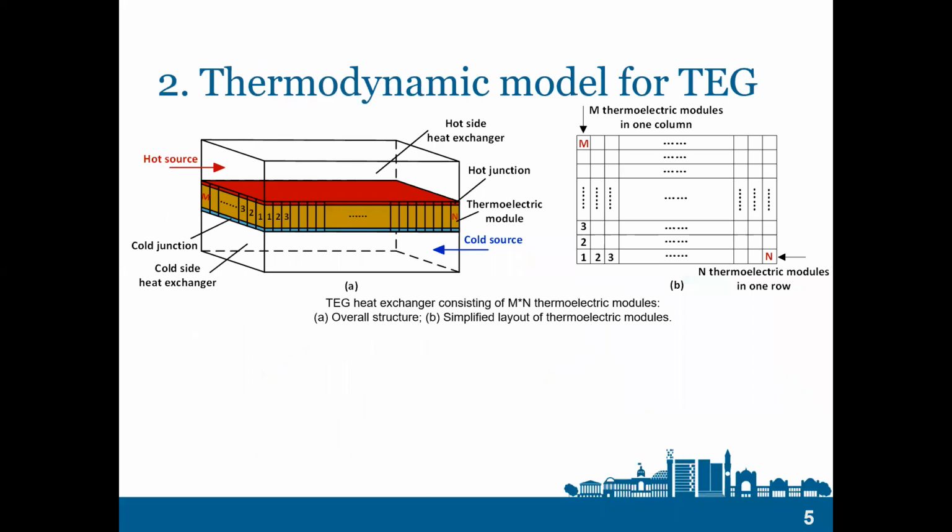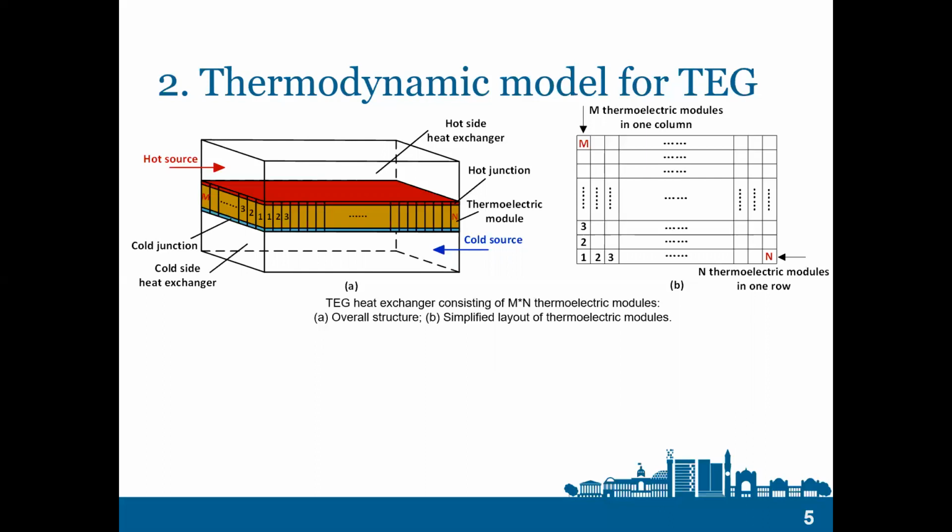Based on the setup of their experiment, we built the thermodynamic model for a cryogenic TEG heat exchanger. The left figure is the overall structure of this cryogenic TEG heat exchanger, and the right figure is the simplified layout of the thermoelectric modules in this heat exchanger. As we can see, there are M modules in one column and N thermoelectric modules in one row.